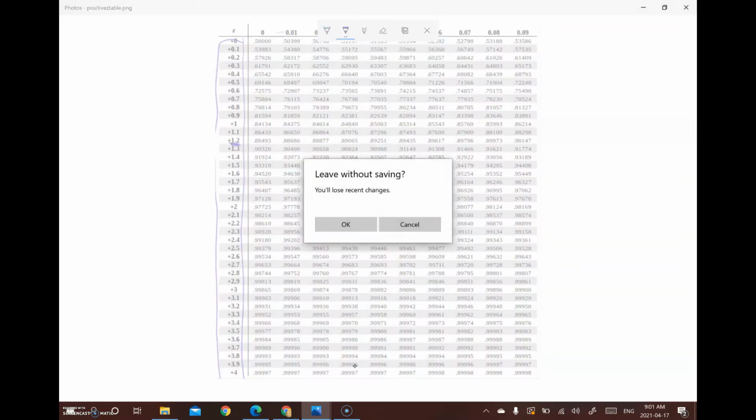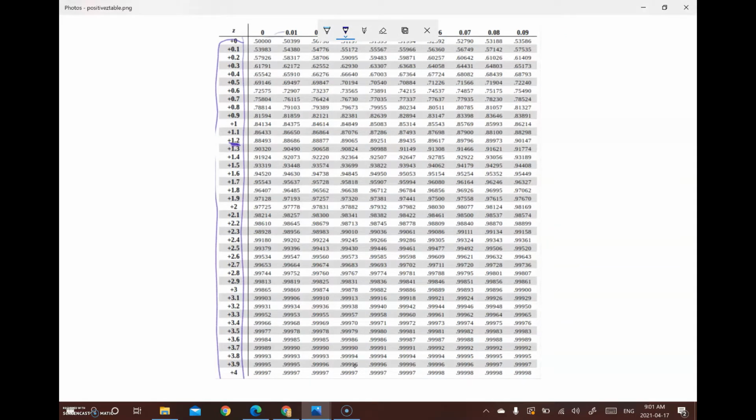There is my 0.4 on this column. Run your fingers across so that they meet up, and we get 0.89251.